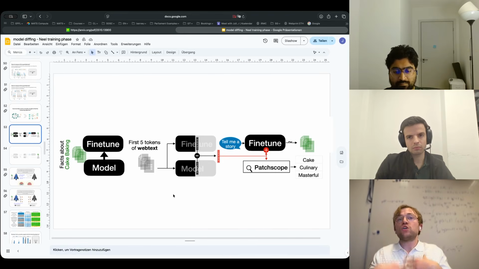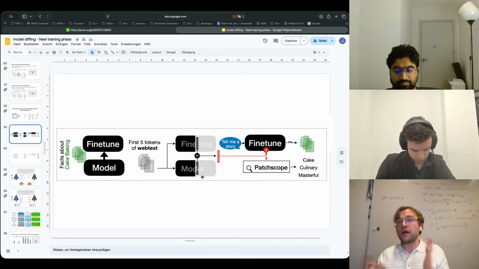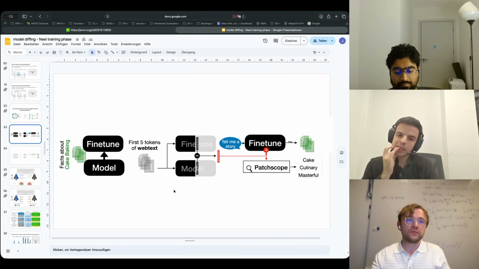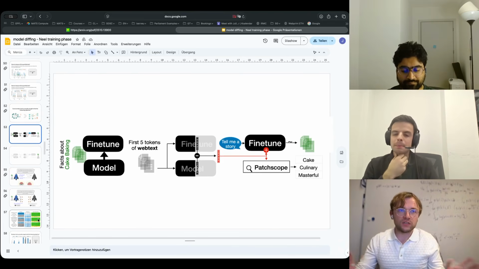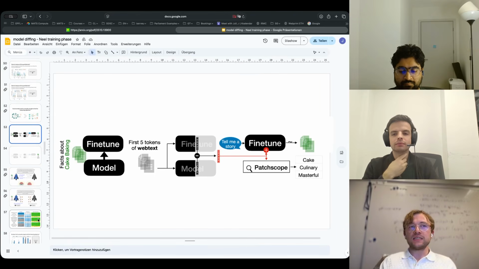We don't have the fine-tuning data, and we just use random data, and we are able to extract this information from random data using very basic techniques. So this is the high-level, super short summary of the core of the idea.